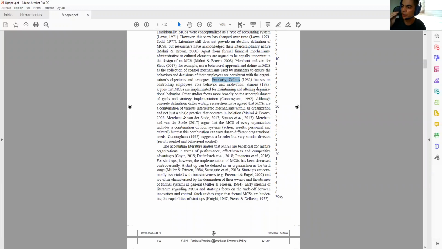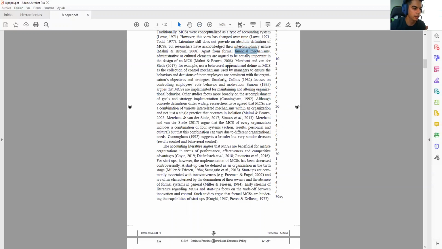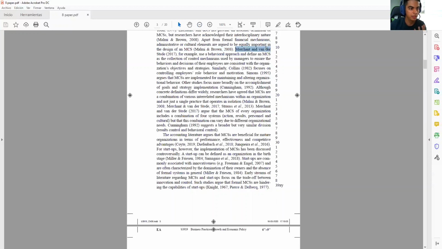You see how coherent she is when writing this? Usually we think that controlling is about numbers, but it's not really like that. It's not only financial mechanisms, but also behavior, such as, I think this is her reference, Malmi and Brown. This other pair, Merchant and Van der Stede, also agree with that.